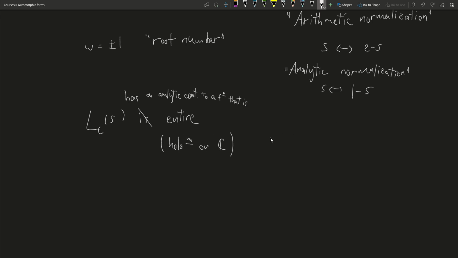So in addition to Silverman's book, which is maybe the best reference for all this stuff, another reference is Iwaniec's textbook, Topics in Classical Automorphic Forms, chapter 8.